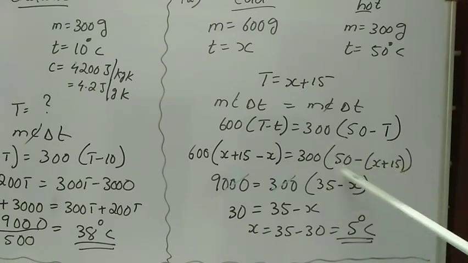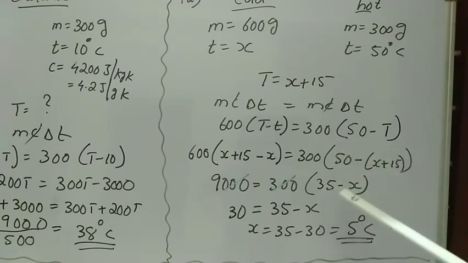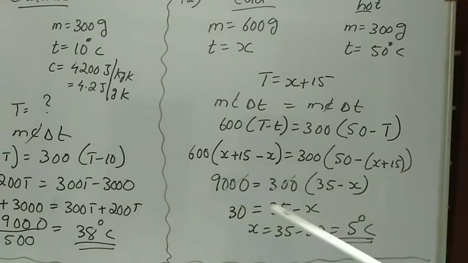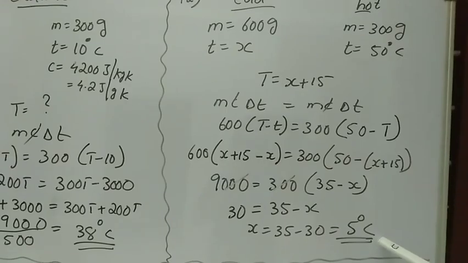So instead of this, you can write 35 minus X. Now this 300 will get cancelled. You will get 30. 30 is equal to 35 minus X. Now negative X to opposite side, it will become positive, and positive 30 to the other side, negative. So X, our initial temperature, is equal to 35 minus 30, that is 5 degrees Celsius.